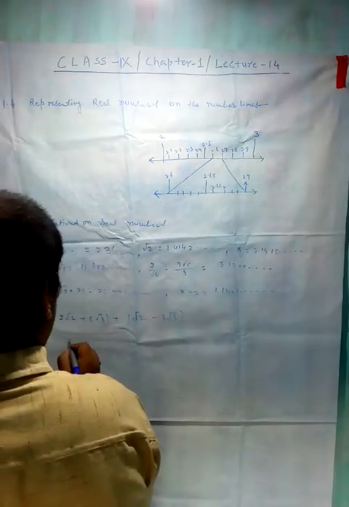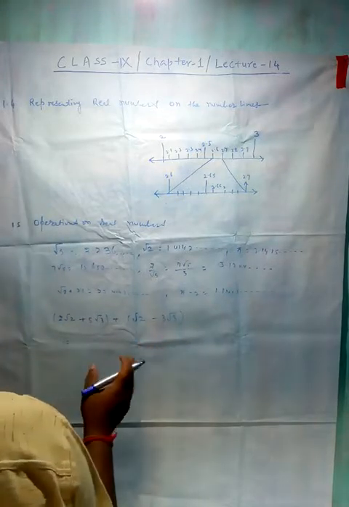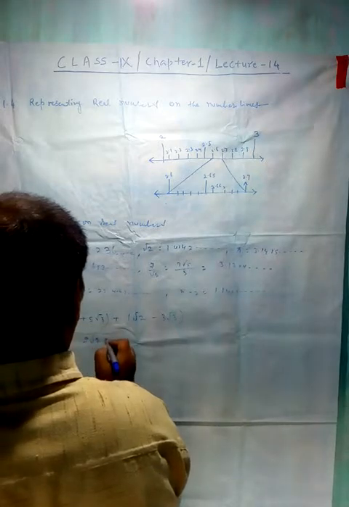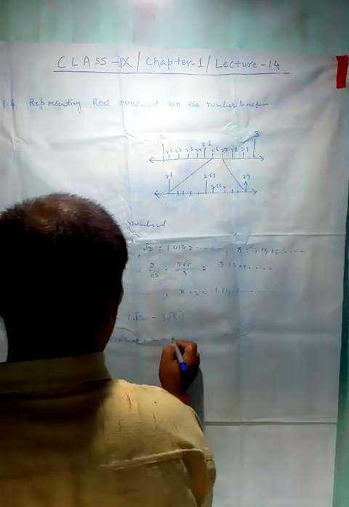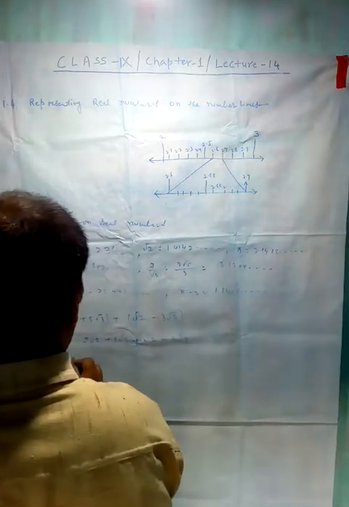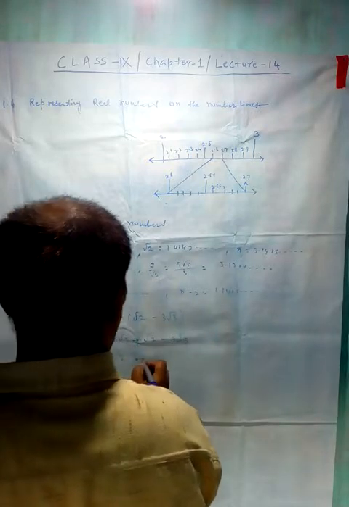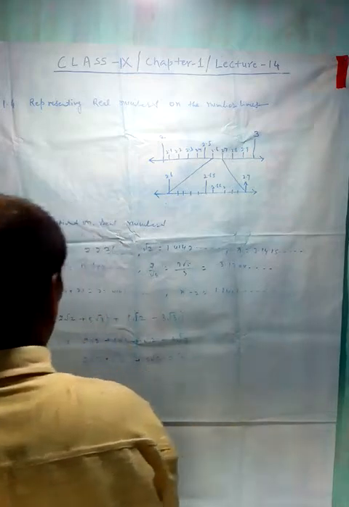2 root 2 plus 5 root 3 plus root 2 minus 3 root 3 is equal to, you can rearrange, 2 root 2 plus root 2 plus 5 root 3 minus 3 root 3.